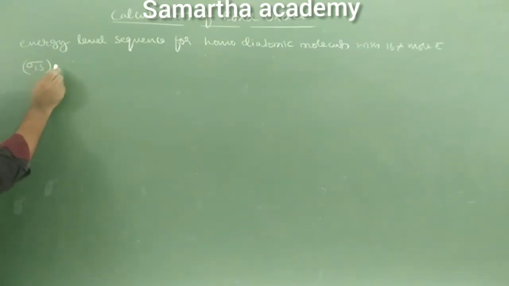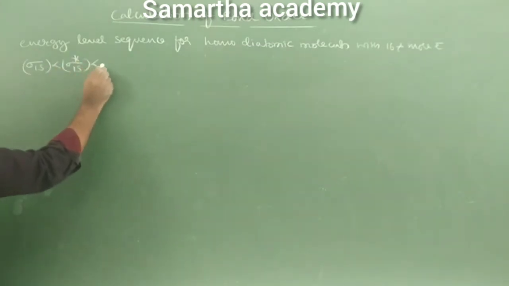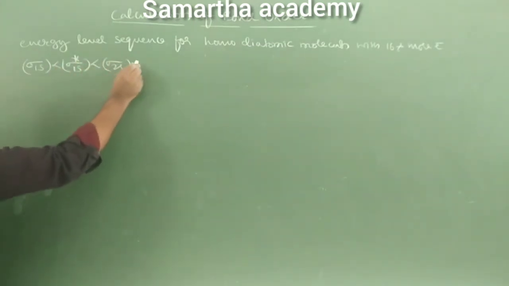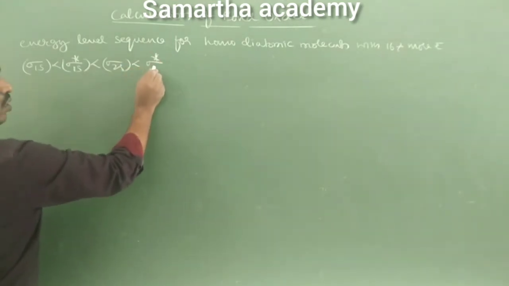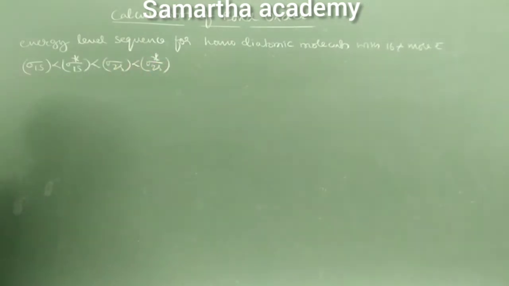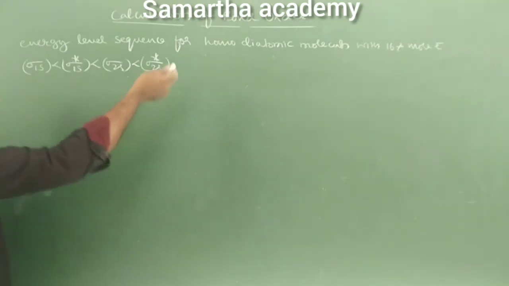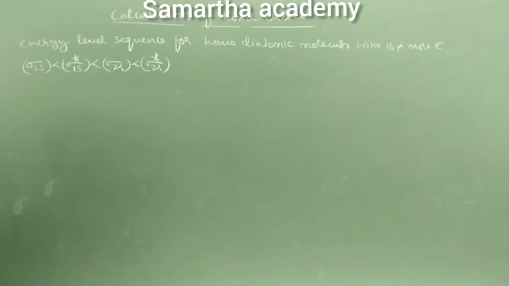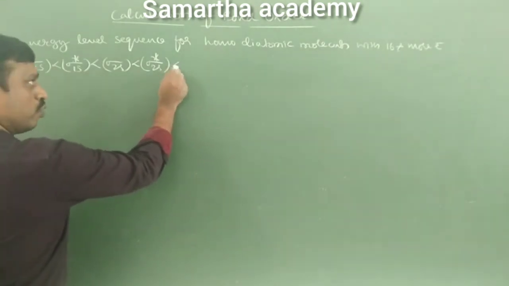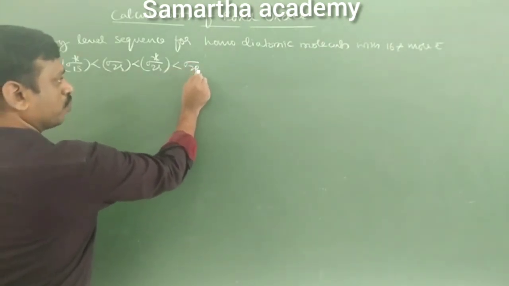Sigma 1s has low energy, next sigma star 1s, next sigma 2s, next sigma star 2s, till here is same. Next, in nitrogen we wrote pi 2px equal to pi 2py, but before pi 2px we write sigma 2pz.